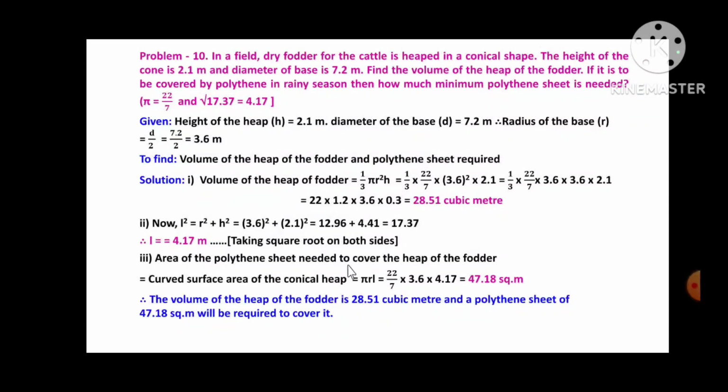Now area of the polythene sheet needed to cover the heap of the fodder is equal to curved surface area of the conical heap, which is equal to pi r L. Put the values 22 upon 7 into 3.6 into 4.17, that leads to 47.18 square meter. Friends, therefore the volume of the heap of the fodder is 28.51 cubic meter and the polythene sheet that is required is 47.18 square meter to cover the heap.